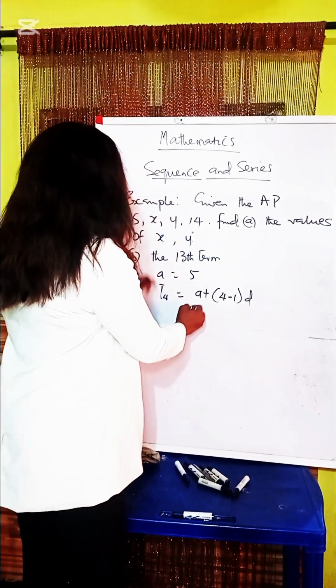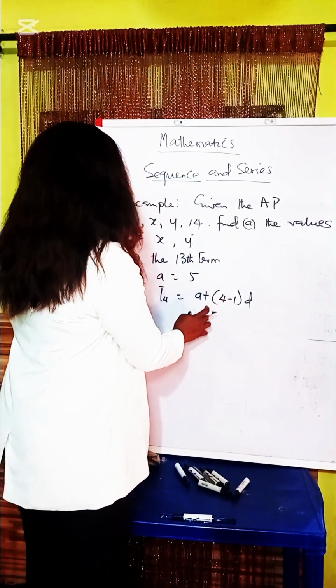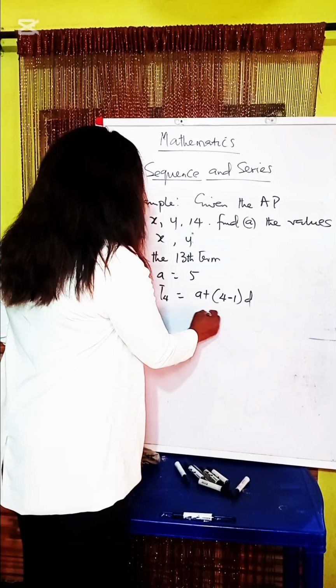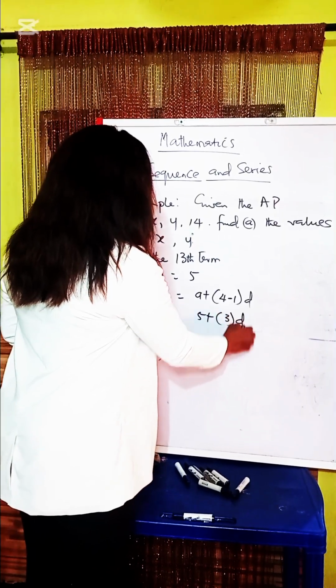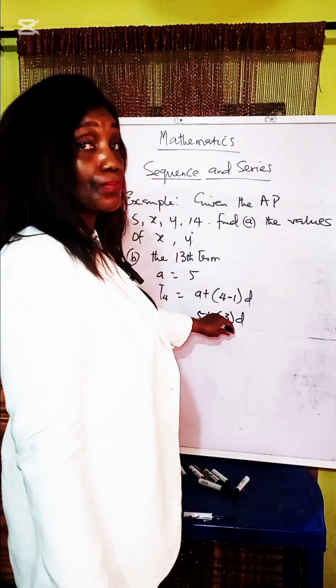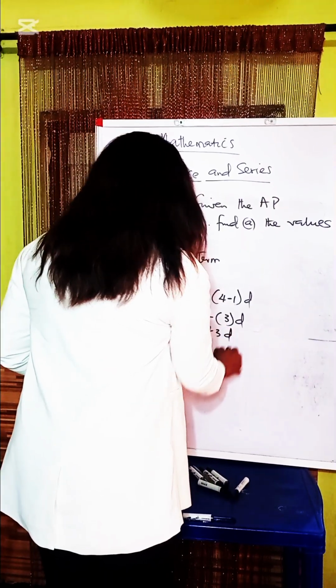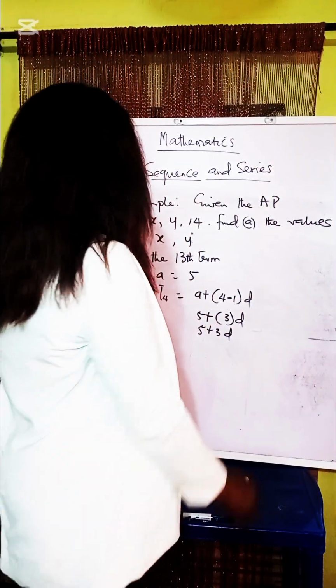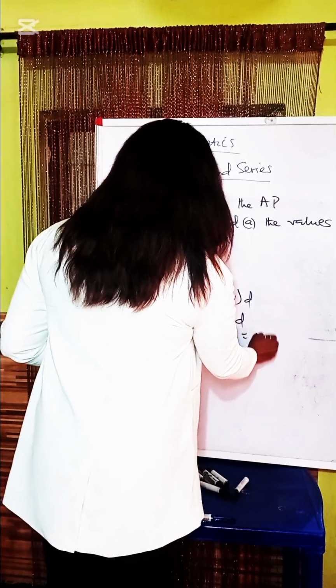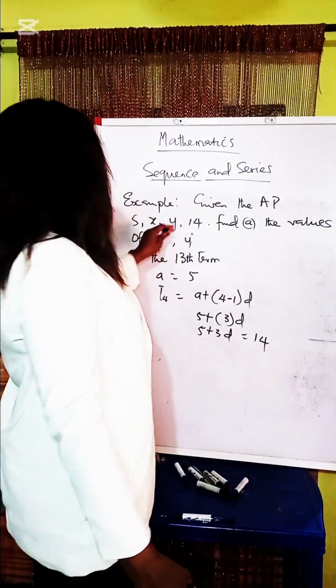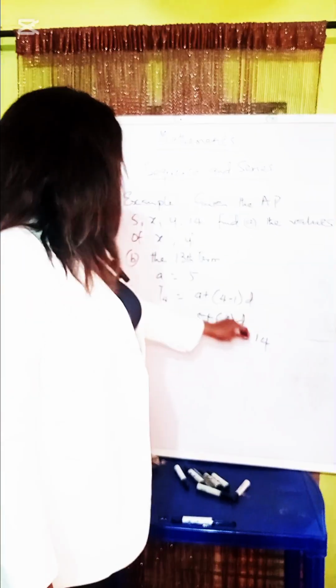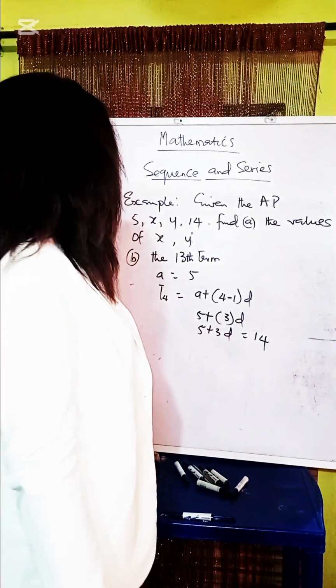Since our A is equal to 5, so 5 plus 3 multiplied by D. So 5 plus 3D is equal to 14, because our fourth term is 14.